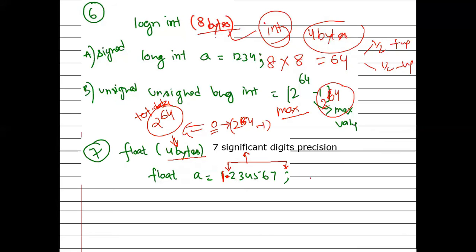After 7 digits, it rounds off and gives you some vague output. So in case of float, you only expect 7 significant digits of precision. The correctness would also be till the 7 significant digits. Okay, the precision would be like that.